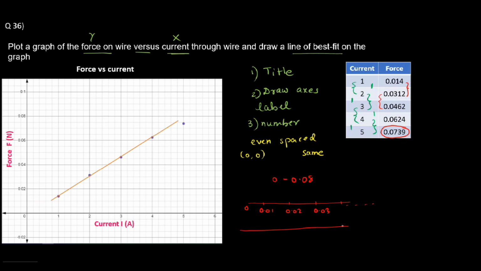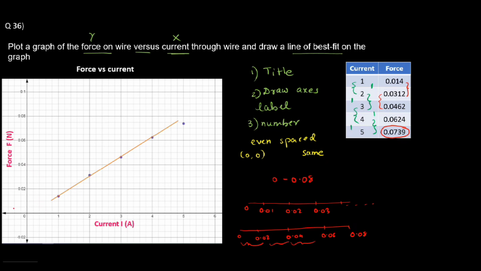Or I can take a difference of 2 and start from 0, 0.02, 0.04, 0.06, and 0.08. I can choose whichever scale I want to number my axis. As long as the difference between two consecutive numbers remains the same, it is okay to use whatever scale fits your graph the best.